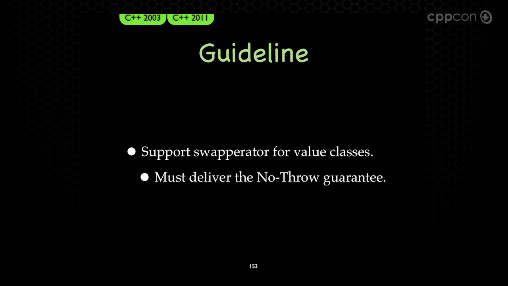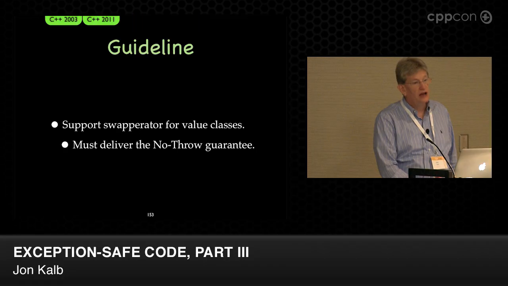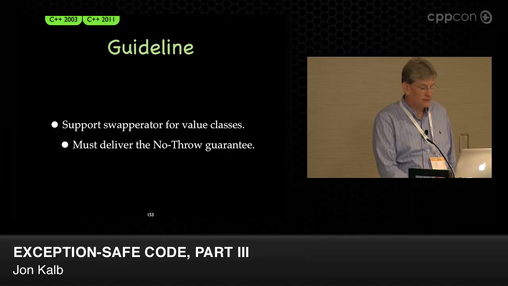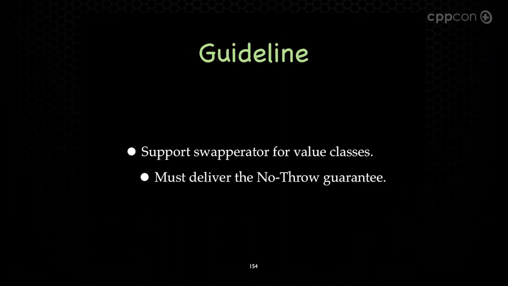Support swap operator for value classes. For 2003, that means you have to write your own swap. For 2011, it's easier. All you need to do is define non-throwing move operations for your objects. And then the move will do the right thing. So that makes it the same for both. I don't need the 2003, 2011.